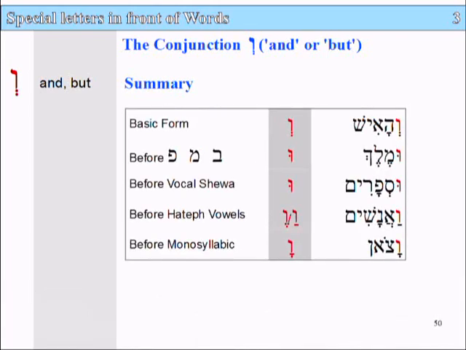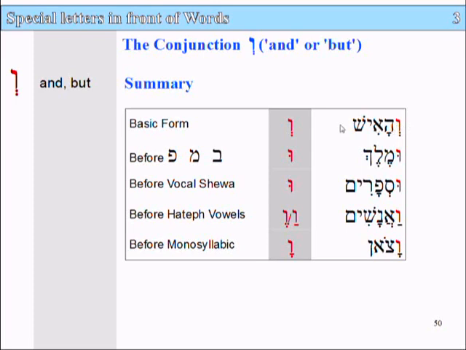So to summarize, we have the vav in front of a word, it means and, and there's a number of different vowels associated with it, depending on what sort of word it is in front of, and the vowels in the first letter of that word. For example, if we put it in front of the word ha'ish, we just have the vav with the vocal shva under it, two dots here.